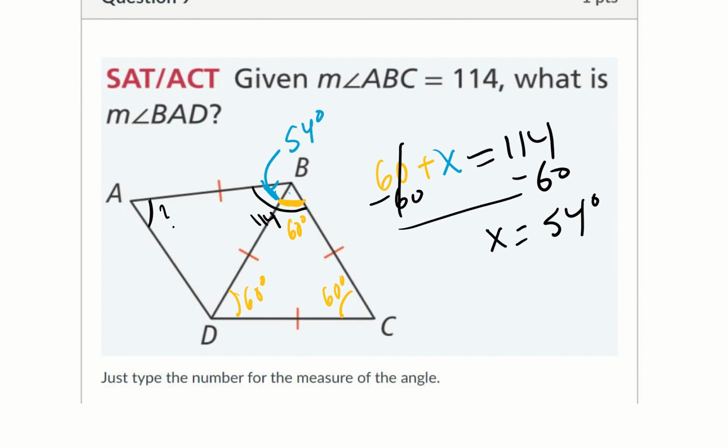Okay, so we got that angle. Unfortunately, we weren't really looking for that angle. We were looking for BAD, right? However, with this top angle, we can find these other angles. Notice that these two sides are identical. So this side is congruent to this side.